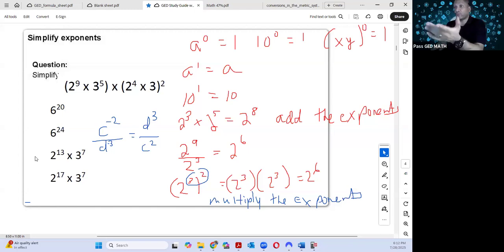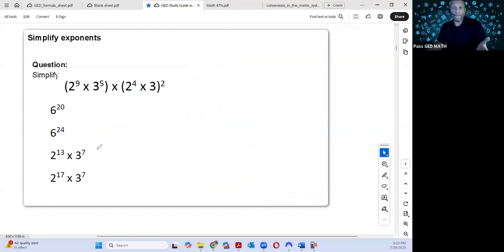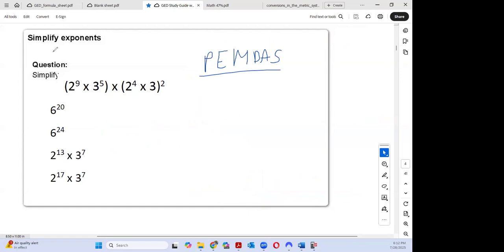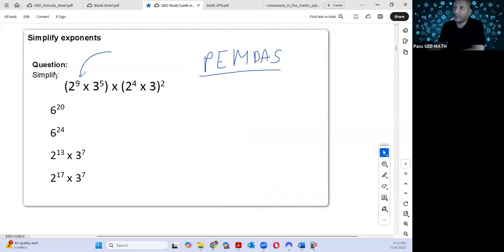So let's go through this problem real fast. What am I going to do first? If I want to simplify this expression, what would I do first? Okay, we're going to do what's in the parentheses. We have 2 sets of parentheses.